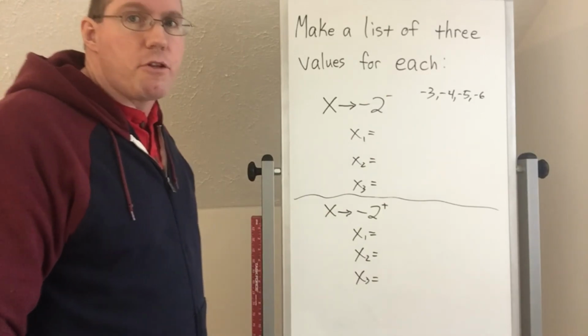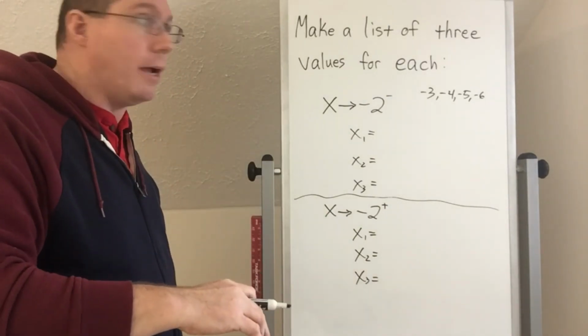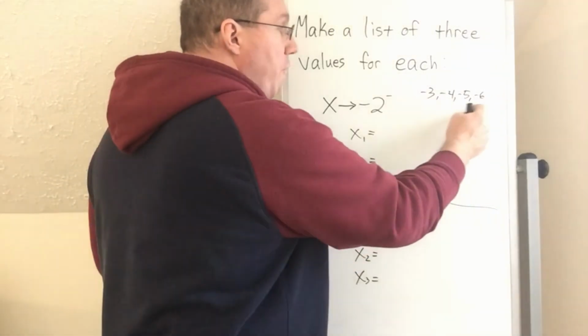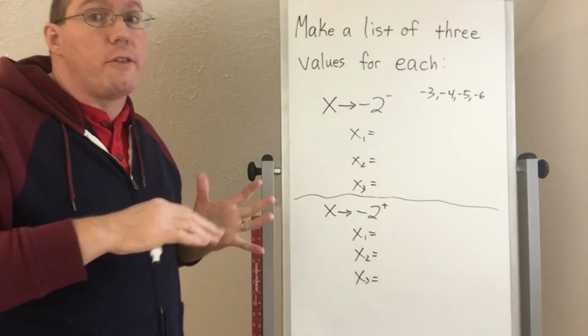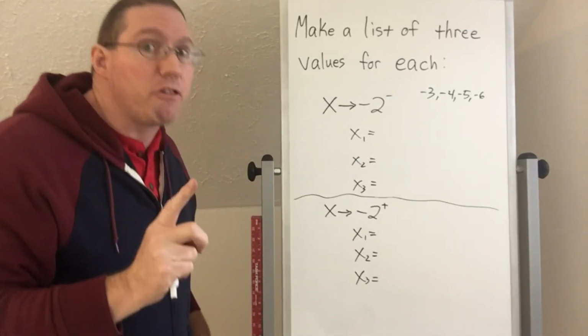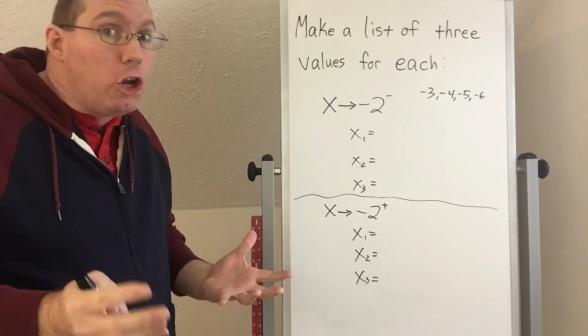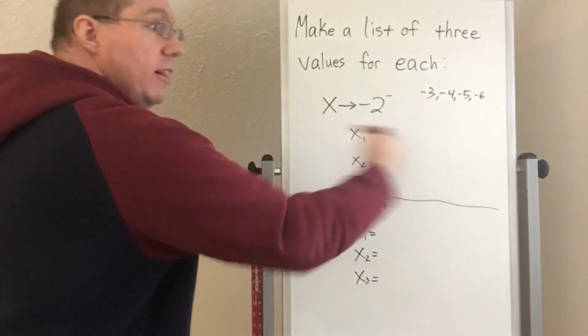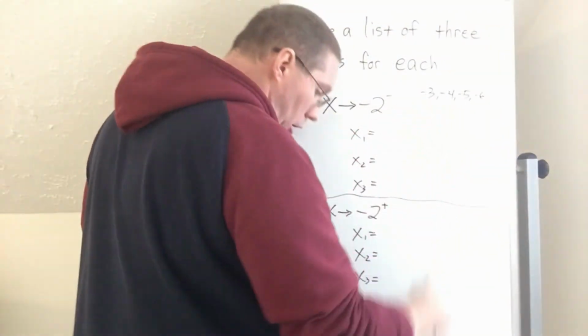You might say, hey, Mr. Ryan, it sounds like you're kind of dumb there, because 3, 4, 5, and 6 are all larger than 2. Yes, 3 is larger than 2, but -3 is not larger than -2. -3 is actually a smaller number because it is farther to the left on the x-axis, okay?